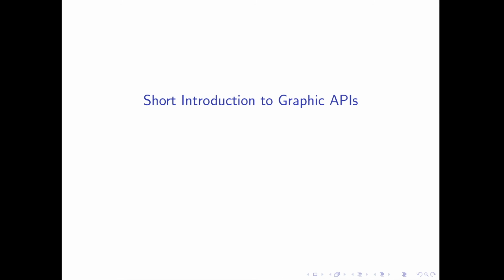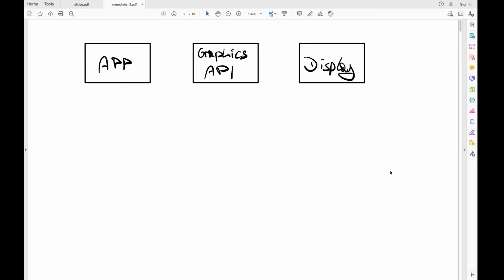This will prepare us for a later understanding of how modern graphics APIs like Vulkan or Apple's Metal or Microsoft's DirectX 12 have evolved into what they are today and how they map to a modern GPU architecture. And the very first thing that we should discuss is graphics API behavior.